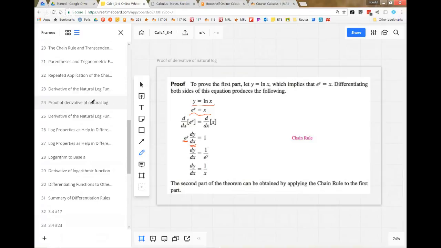Now just divide both sides by e to the y, and you have dy dx equals 1 over e to the y. And e to the y, as we see up above, is the same as x. So just like we told you, the derivative of a natural log is 1 over that thing you were taking the natural log of.